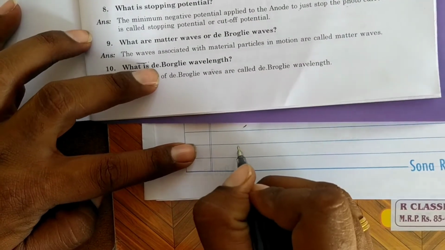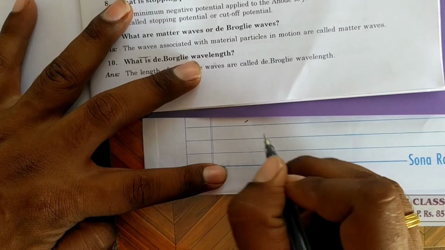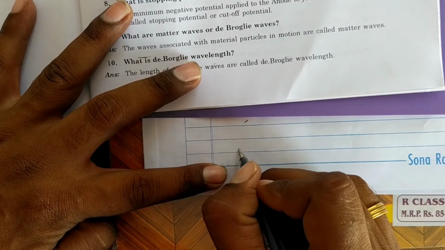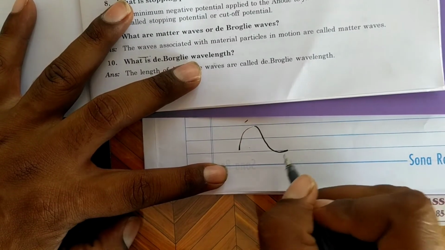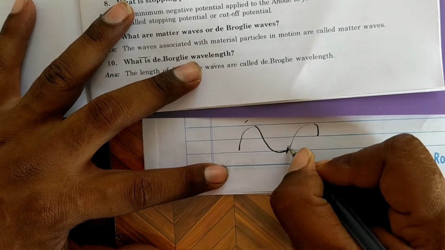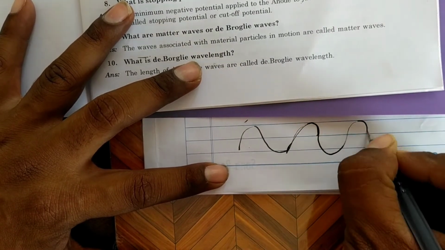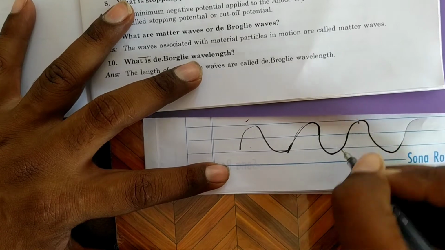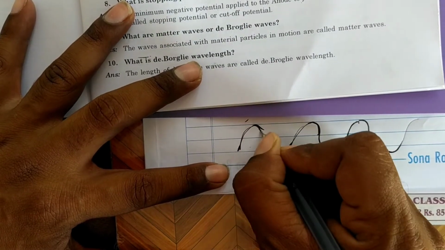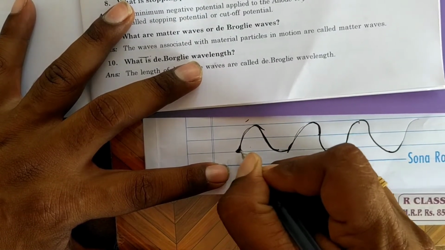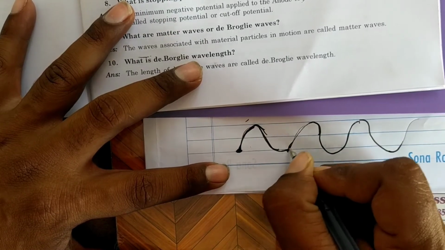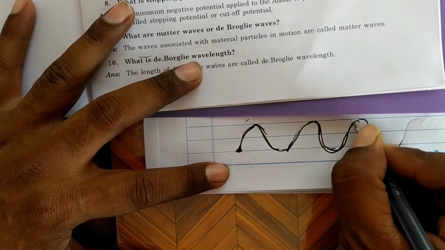For example, this is one wave, a crest and a trough. This is one wave, having two crests and troughs.